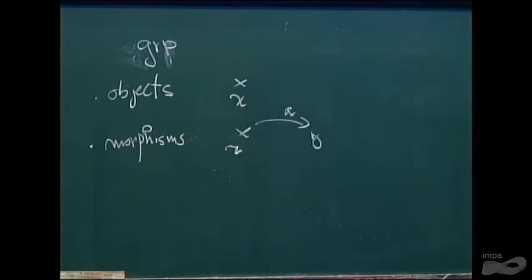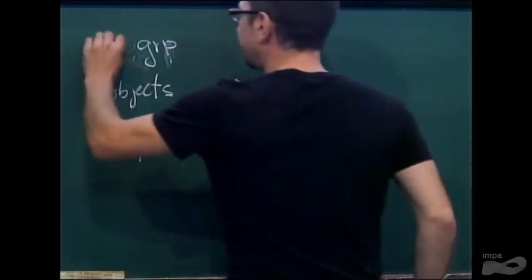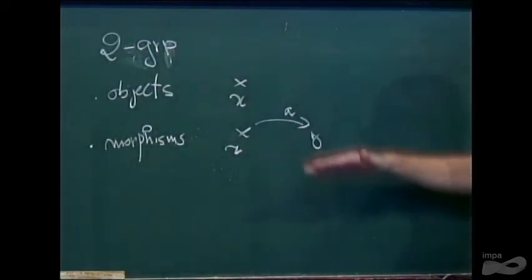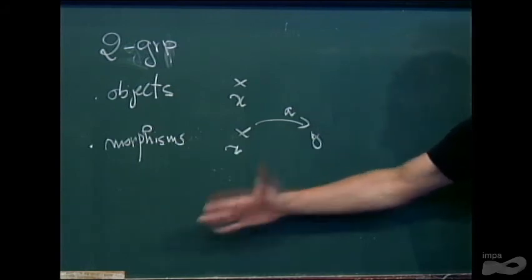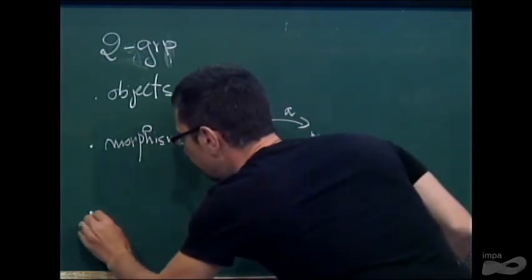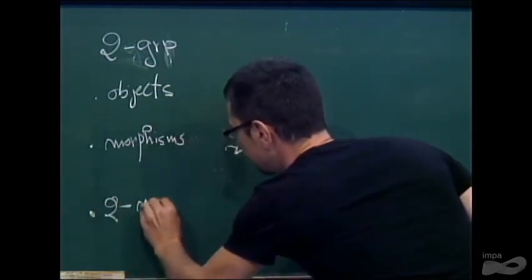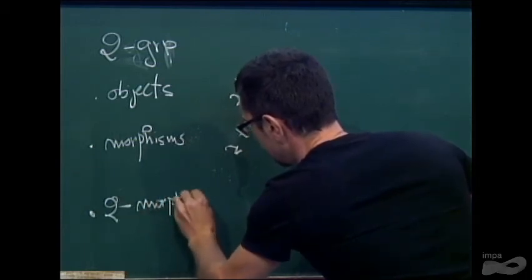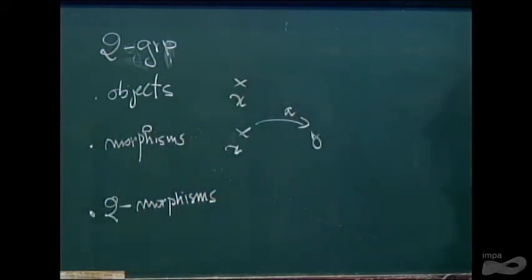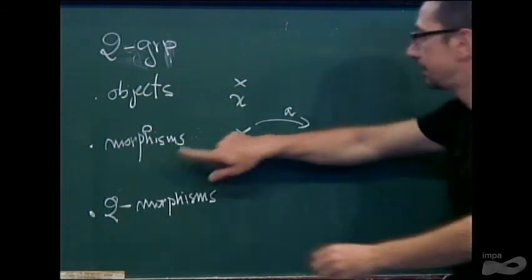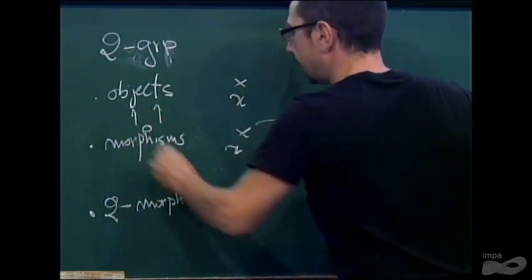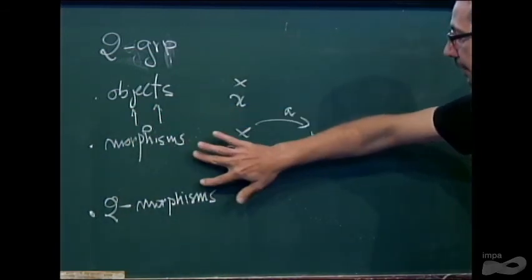Now, if I put a 2 in here, a 2-groupoid, it's just adding one extra layer of things. So now you have 2-morphisms. The morphisms are morphisms between objects.